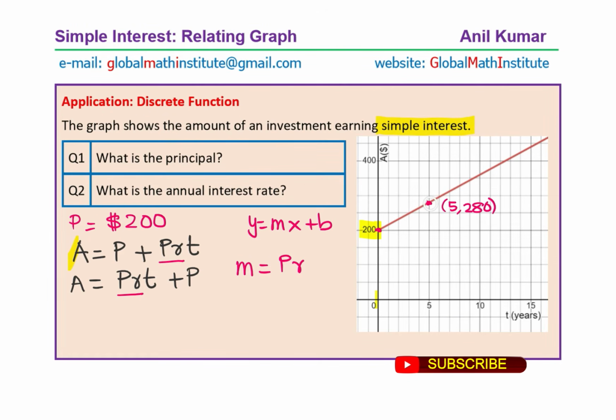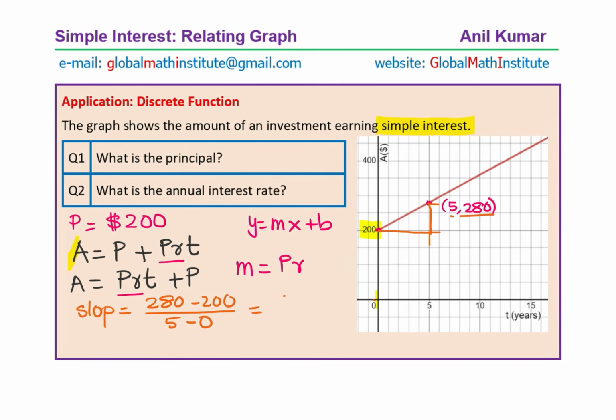Now in this graph, we are given a point here which is (5, 280). You can use this point to find the gradient or the slope. Slope can be written as the difference in y values divided by the difference in x values, correct? So slope equals 280 minus 200, those are the y values, divided by the x values, 5 and 0.